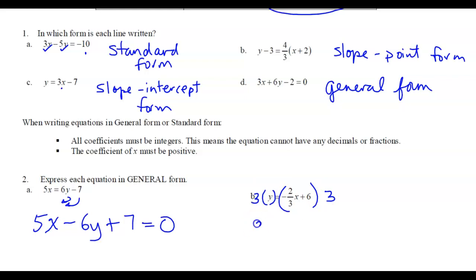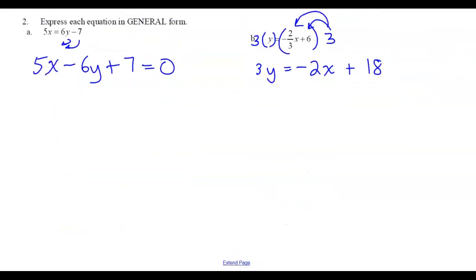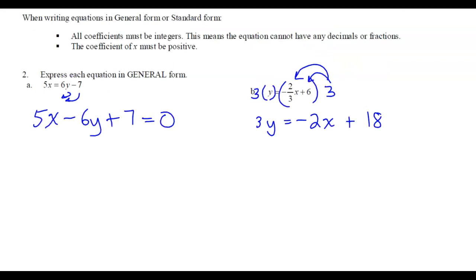So my left-hand side becomes 3y. I distribute that 3 into both terms. So negative 2/3 times 3 is negative 2x. Then plus 6 times 3 is 18. So now I'm just dealing with integers.